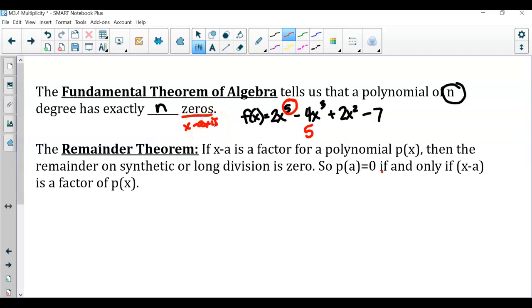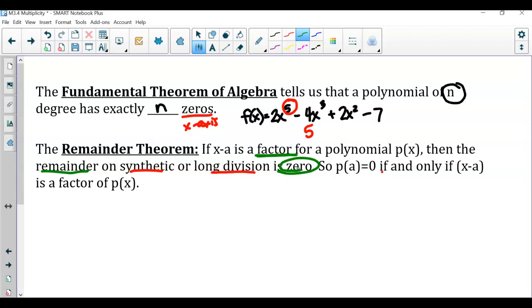Then the remainder theorem, we've actually talked about this when we were doing our long division and synthetic division. Remember that when you divide and it is a factor, the remainder had to be 0. So this is now the official name.